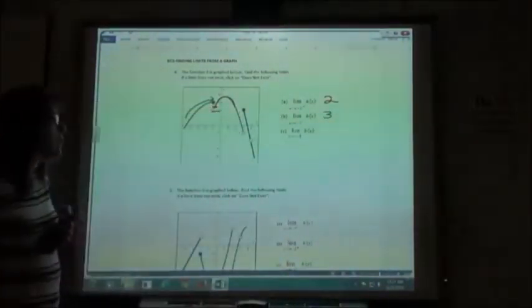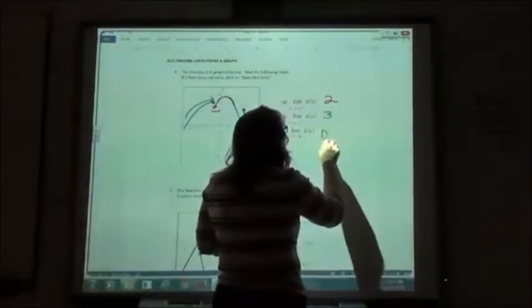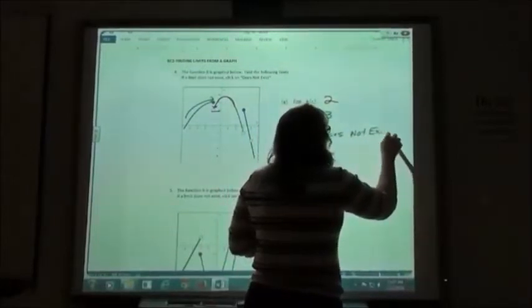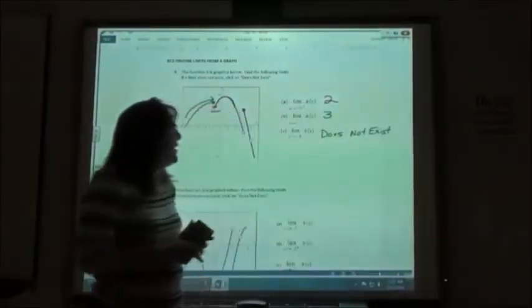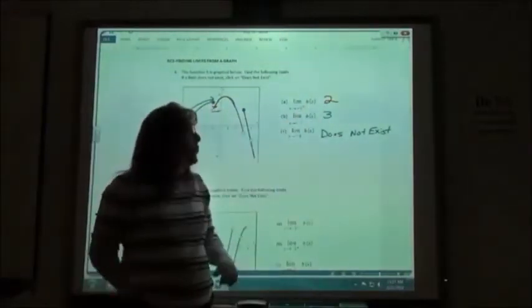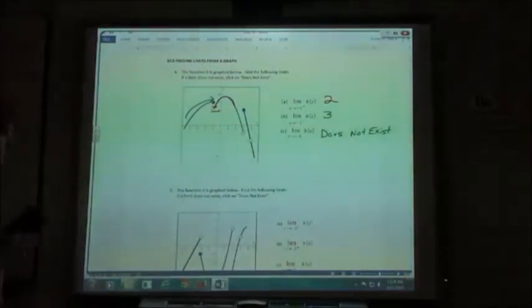Since those two numbers are not the same, we're going to say that our limit does not exist. So the only way a limit exists is if it approaches the same number as you come from both directions. Otherwise, your limit does not exist.